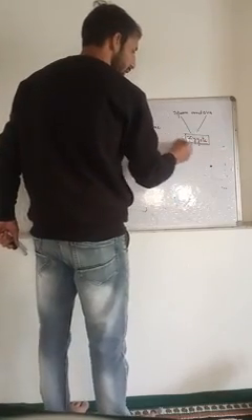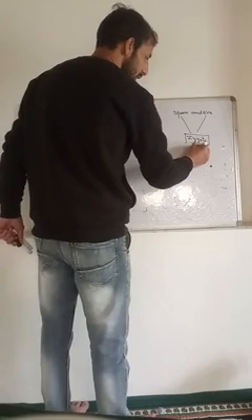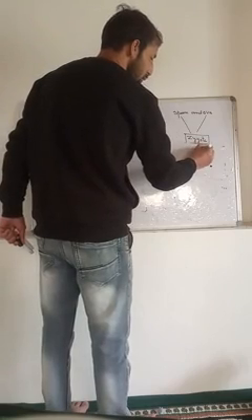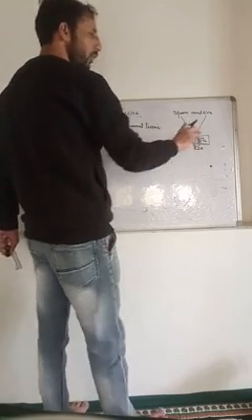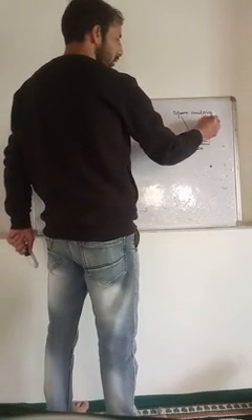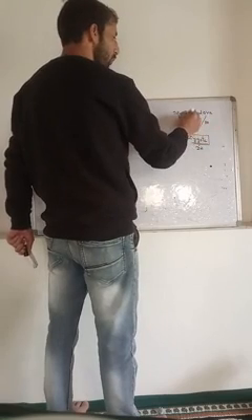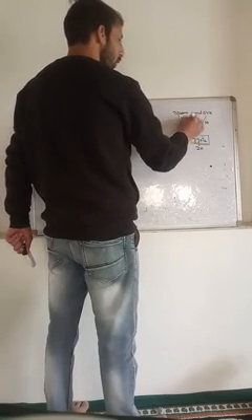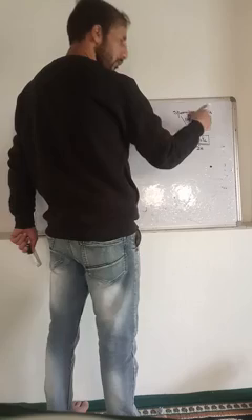Zygote is a single cell with two sets of chromosomes. With two sets, I mean that one set it receives from the female, and one set it receives from the male.